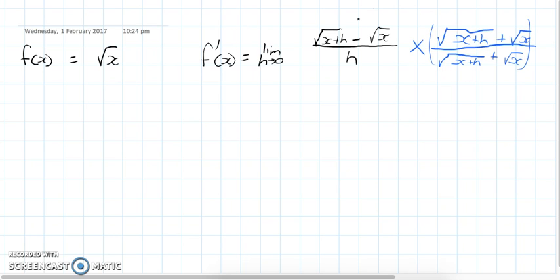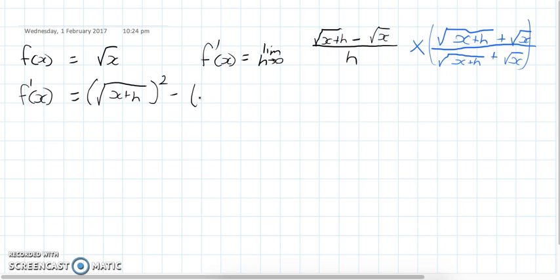So when we're multiplying these through, it's the same as multiplying fractions, so multiply across, and we should have something that will come out a little bit like this. Square root of x plus h multiplied by the square root of x plus h, so that's just squared.